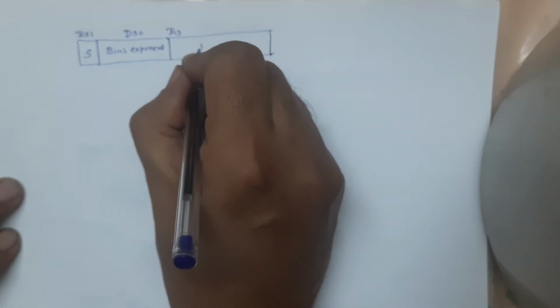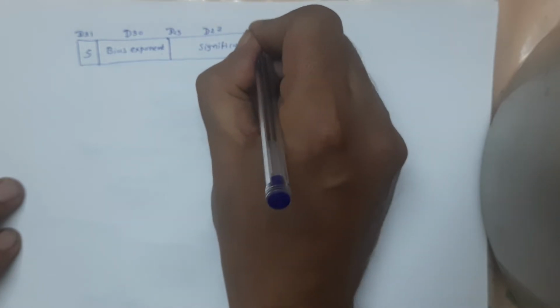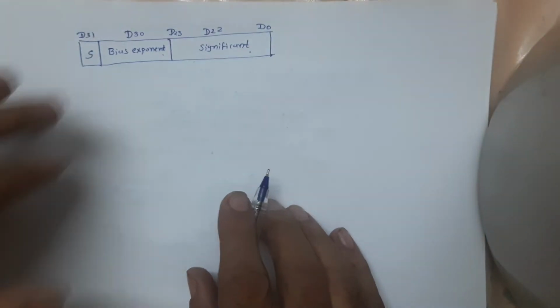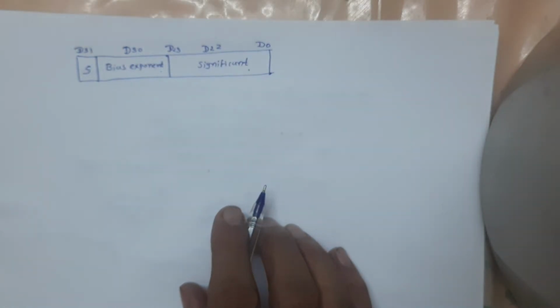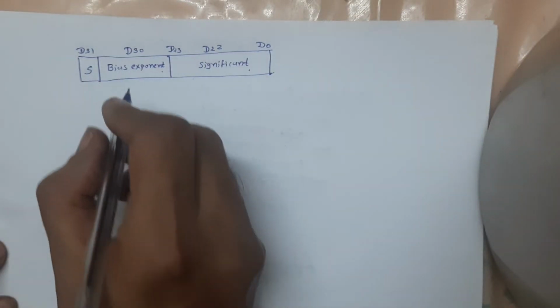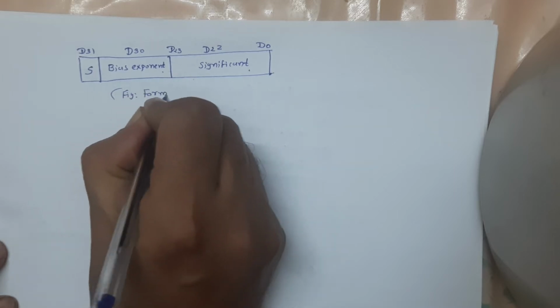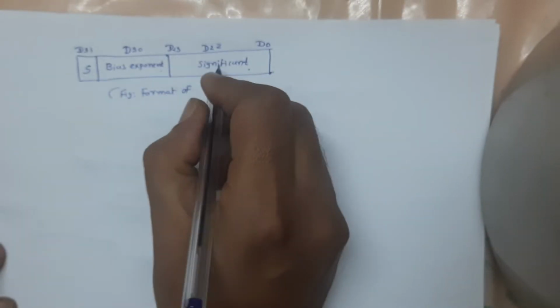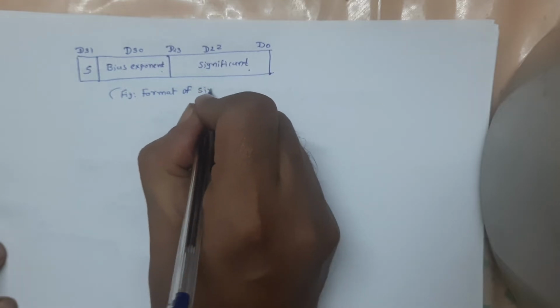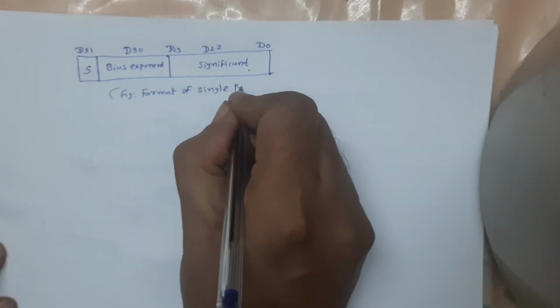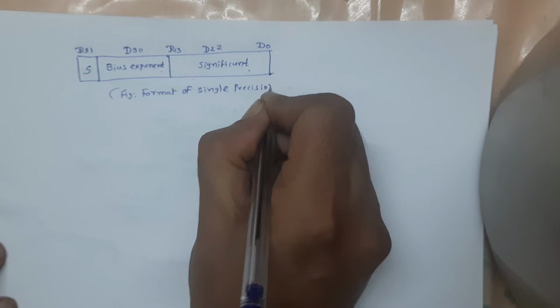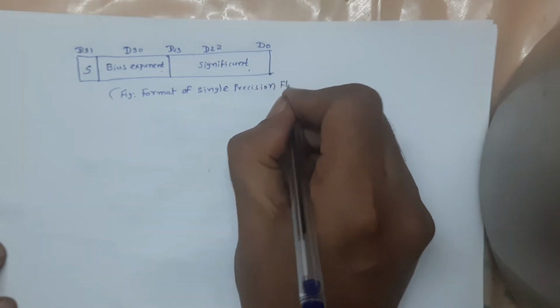Then the significand, D22 to D0. This is the format of a single precision floating point number.